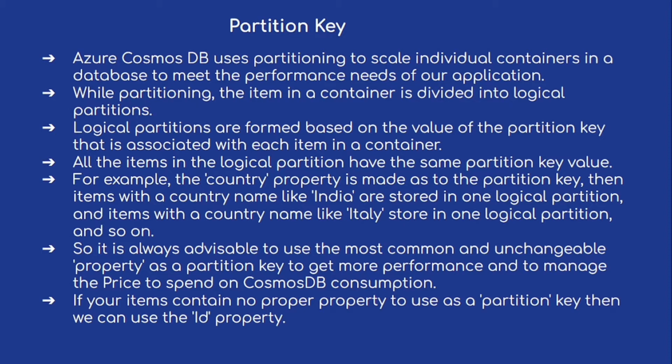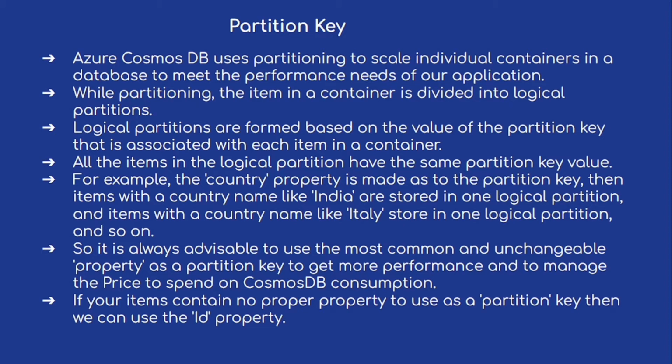The partition key helps to get more performance and manage the price we spend on Cosmos consumption. So based on the partition key, how effectively we use it determines the benefits, like application performance as well as the price we have to spend on Azure Cosmos DB.